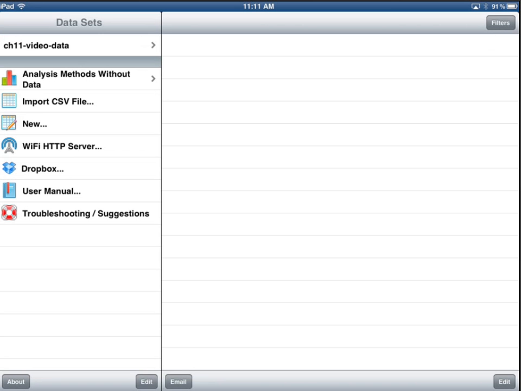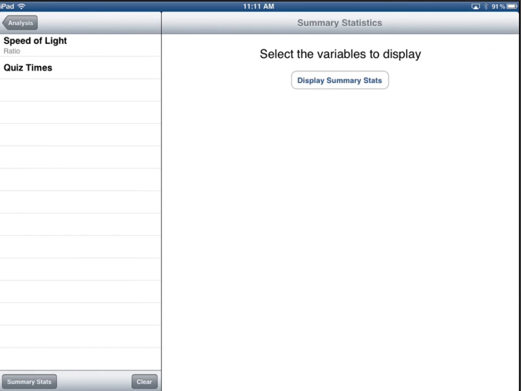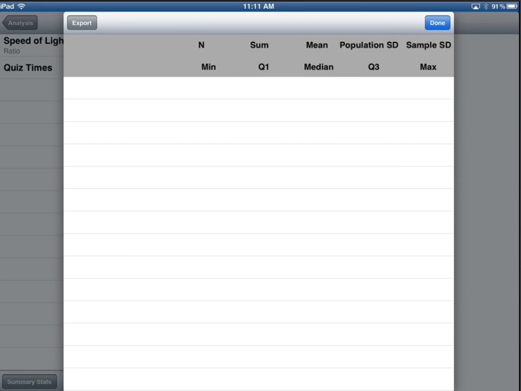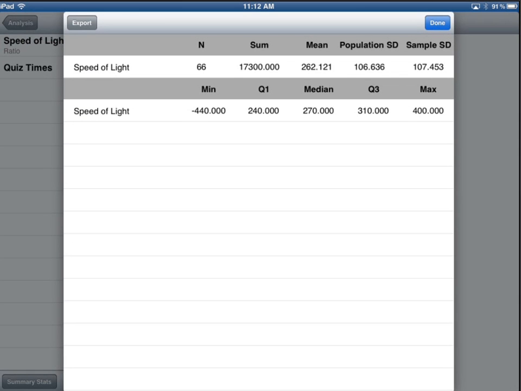if I jump to TC Stats, I have this chapter 11 video data here. And there's the speed of light. So let's just take a look at the summary statistics. Whoops. I need to select it first. So I have n equals 66 and the mean of 262.121.